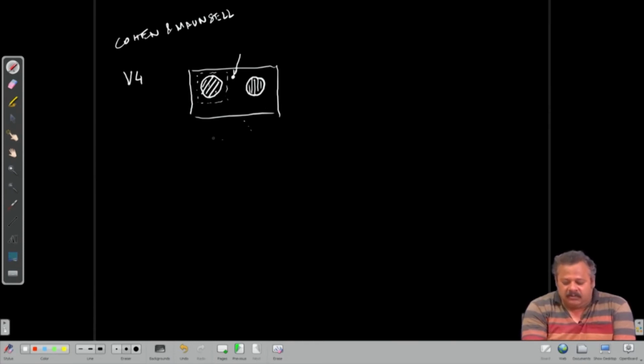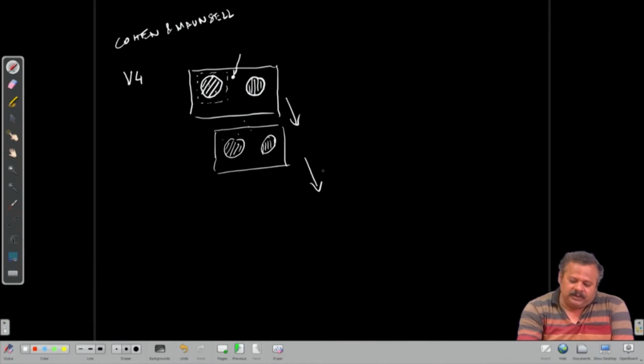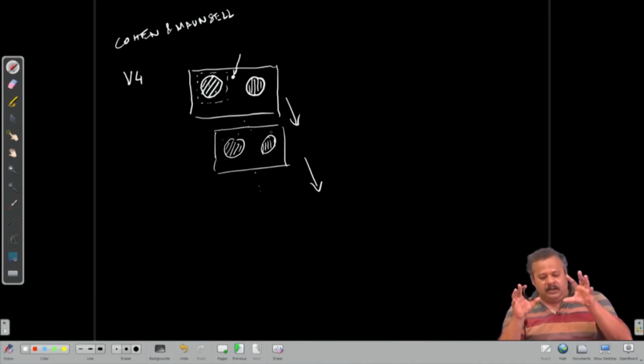Then again, at a random delay, the same image comes on, with again a random delay. So, it is being shown these two gratings all this time, and all of a sudden one of the gratings would change its orientation.